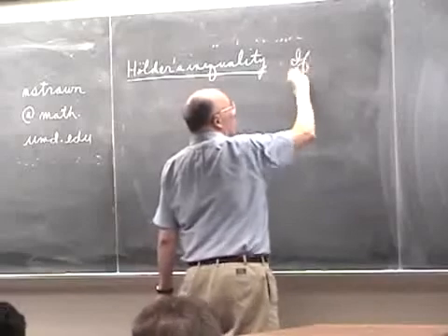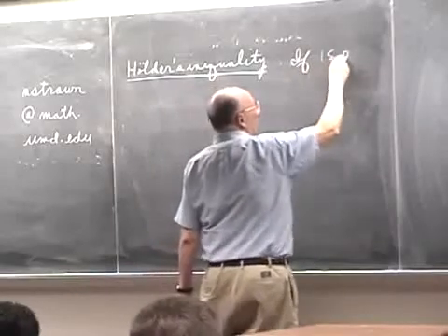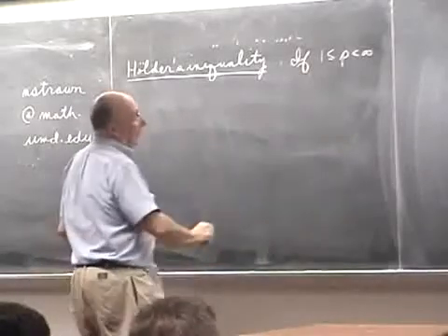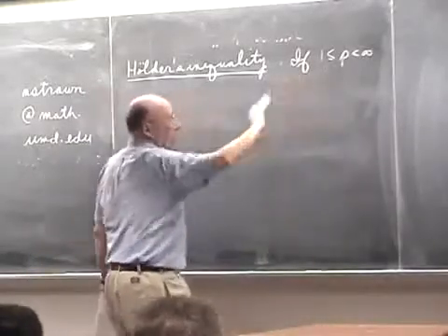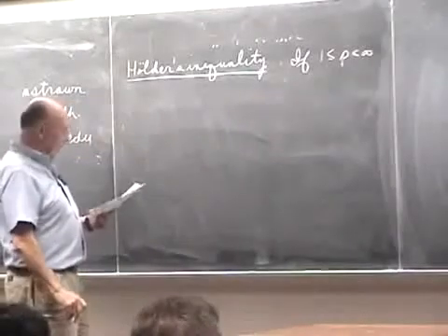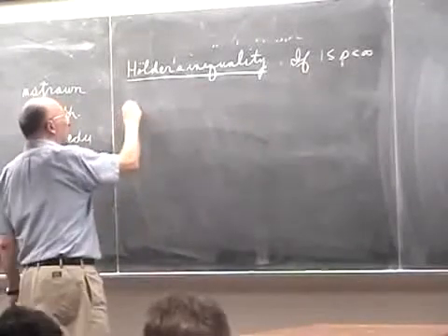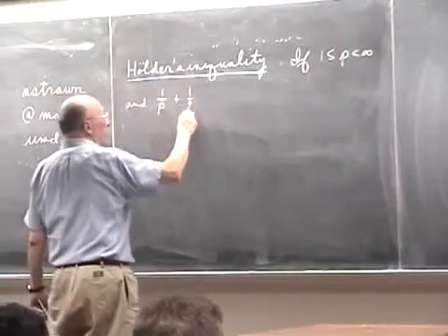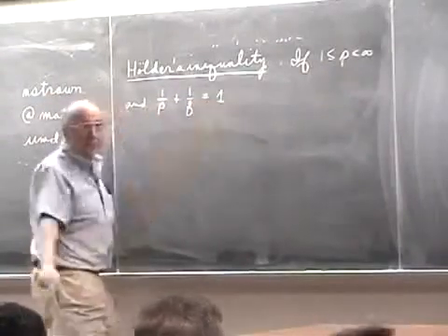If 1 is less than or equal to p is less than infinity, I can actually take less than or equal to infinity, but let me just state it for now. And 1 over p plus 1 over q is equal to 1.